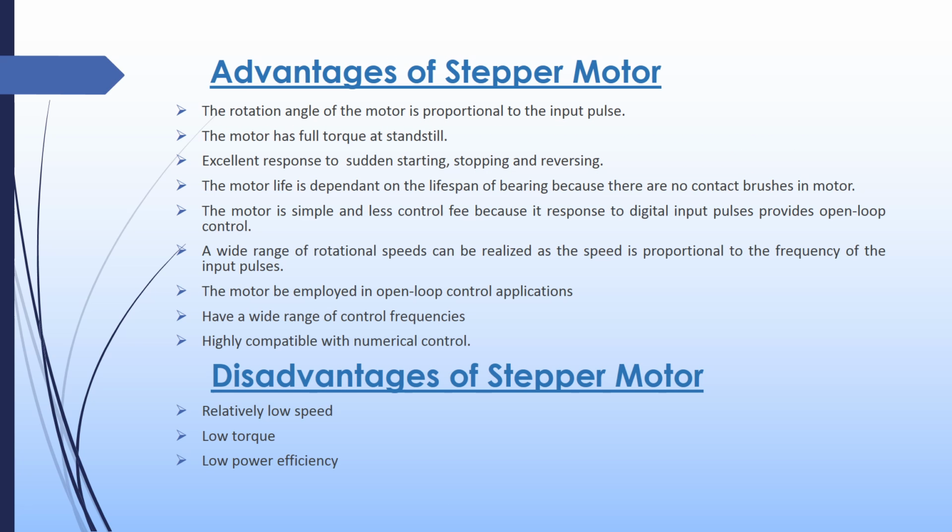We choose the step motor because the rotational angle of the motor is proportional to the input pulse. The motor has full torque at standstill. It has excellent response to sudden starting, stopping, and reversing. The motor life depends on the lifespan of the bearing because there is no contact brush in the motor.